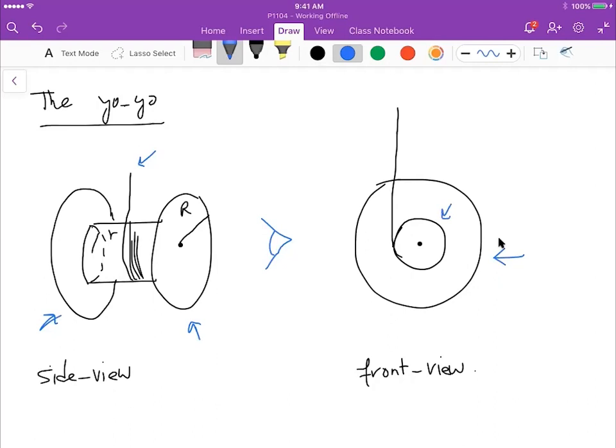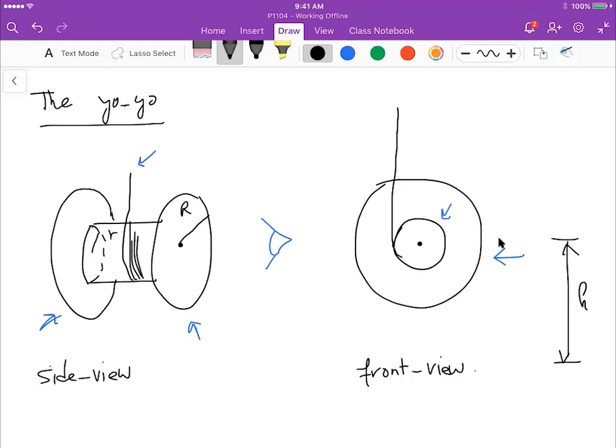And this point is the center, the point or the axis through which this object is making rotation. Now the idea is that when this object is released, it rolls down a distance given by h, where h is the vertical distance between the initial and final positions.